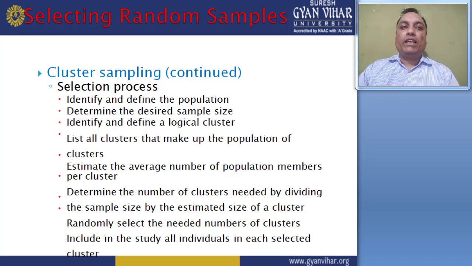In most cases, sampling by clusters happens over multiple stages, and a stage is considered to be a step taken to get the desired sample. For this purpose, we can divide cluster sampling into different types of stages: single stage, two stage, and multiple stage.